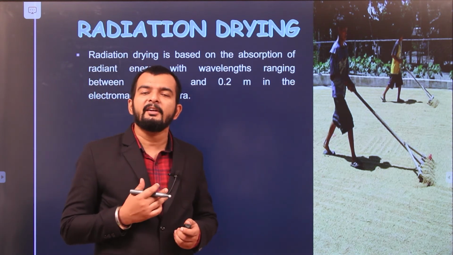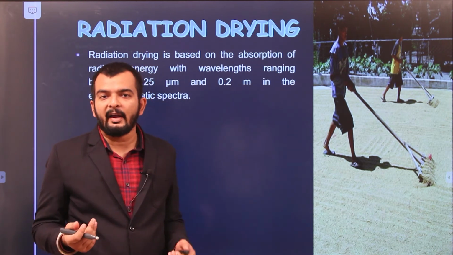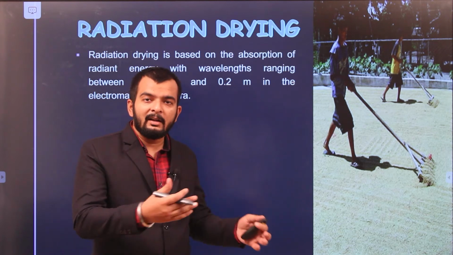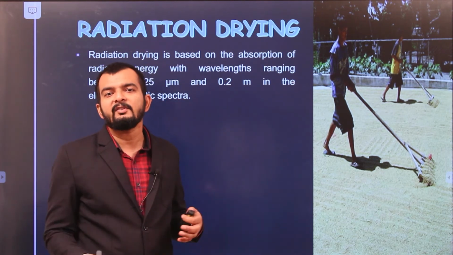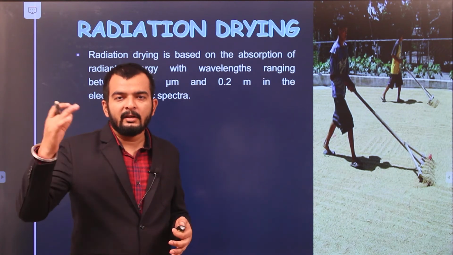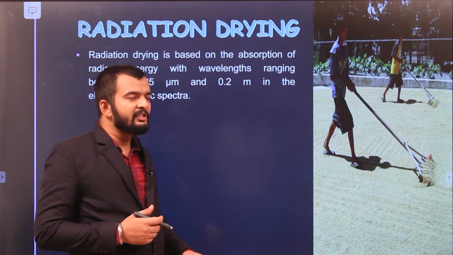In developing countries, it is still used as the most popular method for grain drying also. They lay out the grains in an open field or on an open flat surface, making a thin layer to dry it in the sunlight. So that is an example of radiation drying.